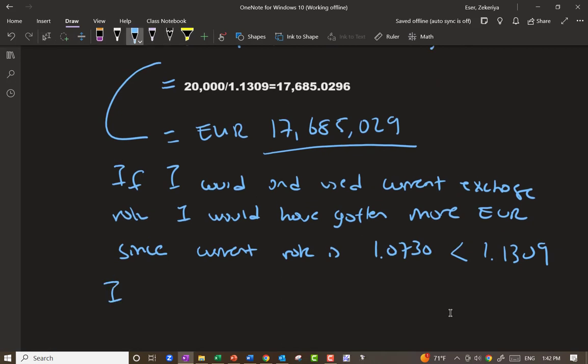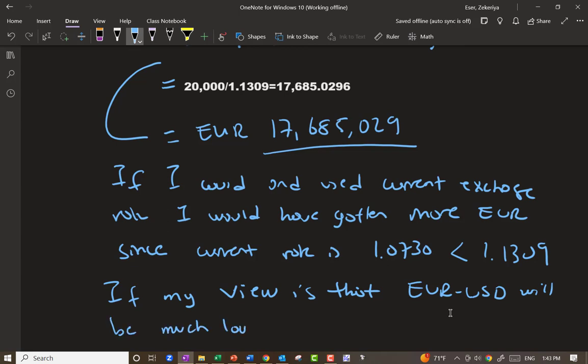So if my view is that the euro dollar, I shouldn't say euro per dollar, just euro USD, will be much lower than 1.1309, this does not necessarily make me happy.